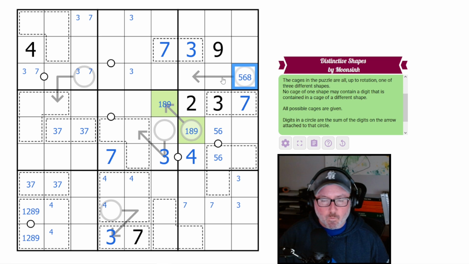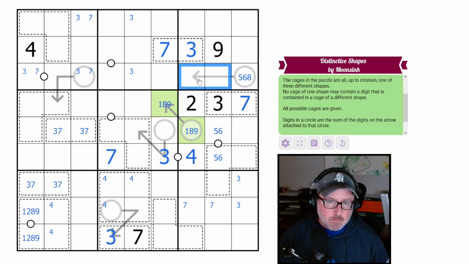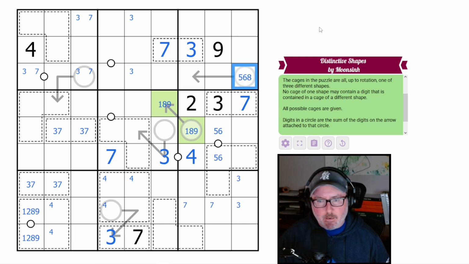Oh, no, it'd have to be a 1, 5 pair, because it can't be 2, 4. So we're looking at a 1 in both of those instances, but the 8, I think, is going to throw that out the window. Because the 8 could be 7, 1, or it could be 6, 2. Yeah, if we can get another 2 looking at this thing, we could say there's a 1 on this, but we can't get there just yet.